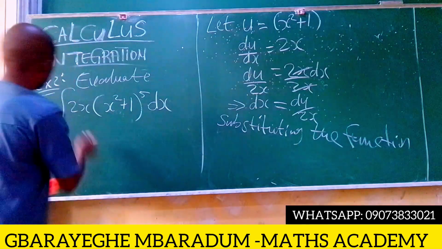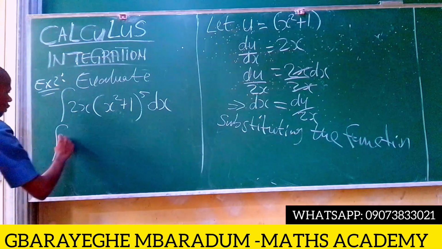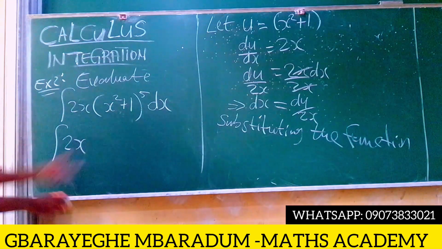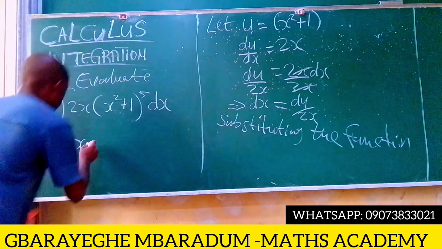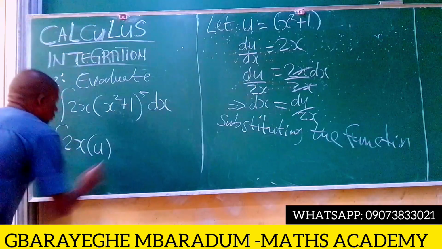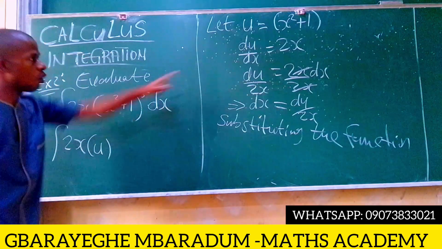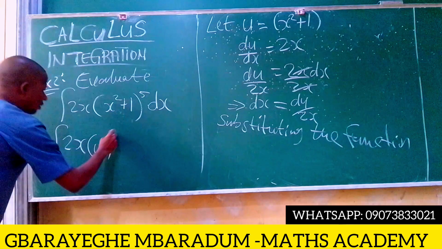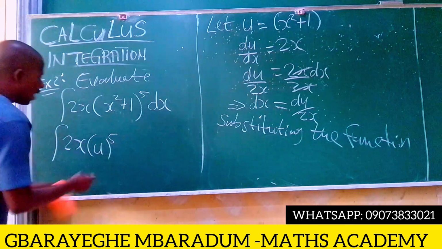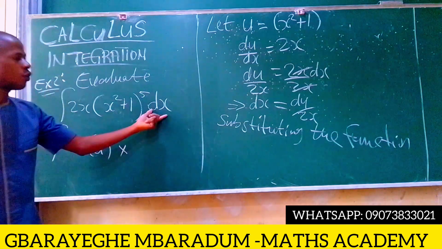This implies that the integral of 2x. Note that I assume this x squared plus 1 to be our u, right? So this becomes our u. All this value in this bracket becomes our u, which is this. You know that the u is just the power of 5, right? Which is this 5. Now, times our dx.